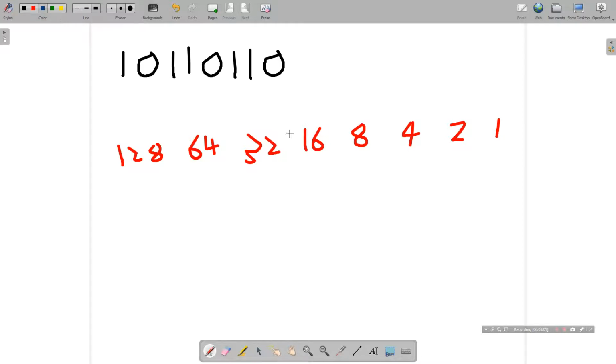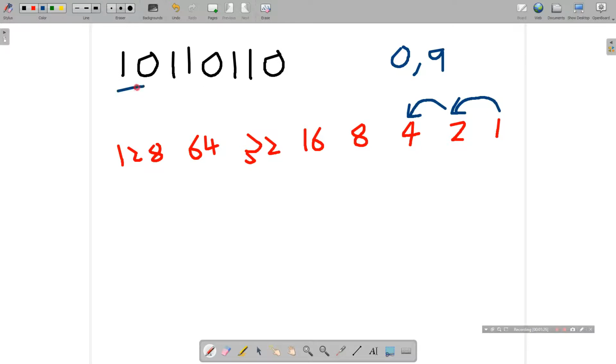Now remember, the reason we have these numbers here is to show the place value. In base 10, the normal numbering counting system that we use, we have the digits 0 to 9. That's 10 digits. And so when we start from the right, each time we move one place to the left, we multiply by 10.